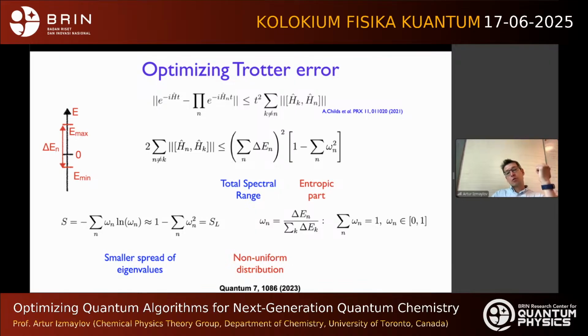And also you realize that non-uniform distributions are better than uniform distributions. Why is that? Because we know the entropy is highest when the distribution is the most democratic, the most uniform, right? And if you have a distribution with just one big fragment and others small, then we have a small entropy, right? So that's good.